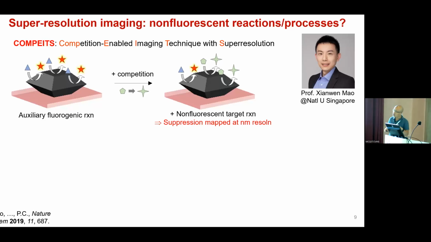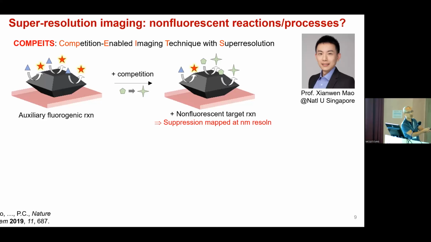Now, if you have another reaction where neither the reactant nor the product is fluorescent, however, this reaction happens on the same catalyst particle surface where the reactant will compete with the fluorogenic reaction on surface sites. Once you introduce this competing reaction, then the original fluorogenic reaction rate will be suppressed at all the possible surface sites. And that suppression can be mapped at the same nanometer resolution.